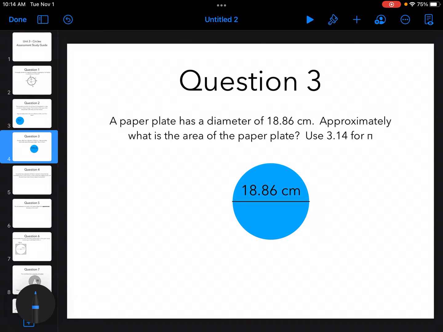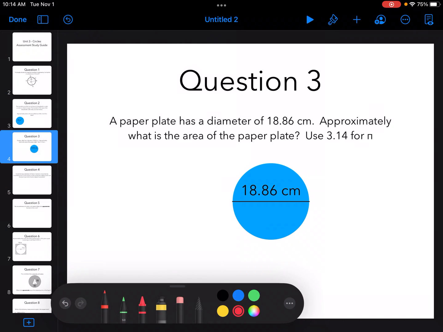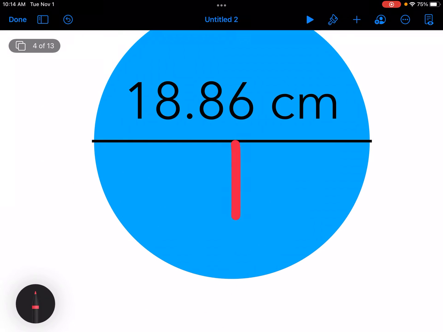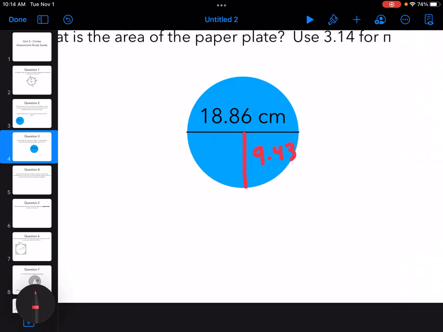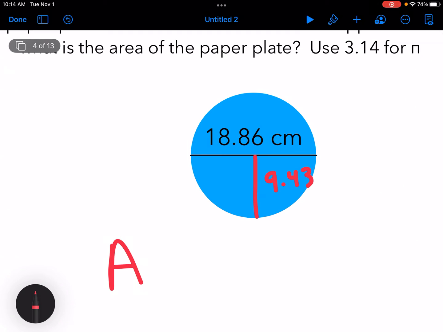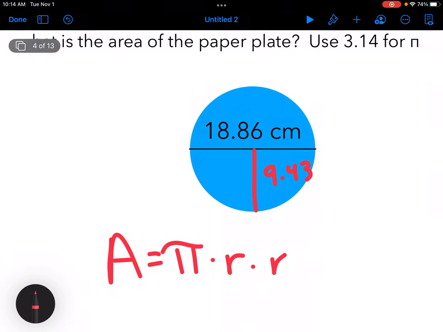All right, a paper plate has a diameter of 18.86. Approximately what is the area of the paper plate? Well, the first thing I have to do is find the radius. So I know the radius is half of the diameter. So 18.86 divided by 2 is going to give me 9.43. I know my formula is going to be A equals pi times radius times radius.